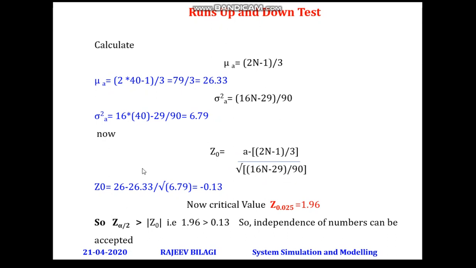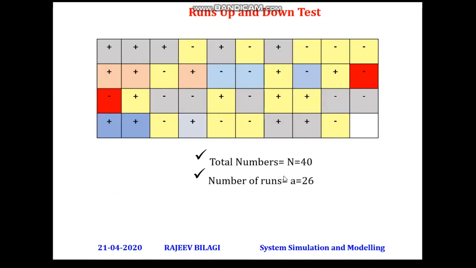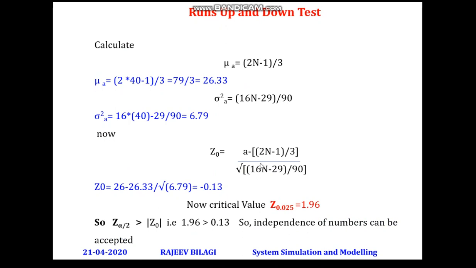Now substitute a equal to 23, which you have identified previously, minus this value already identified as 26.33, divided by the square root of, so now it is 6.79. By substituting these values, you are going to get z naught as minus 0.13. Now the critical value, like what we have done in the previous two methods, you have to find out from the table.